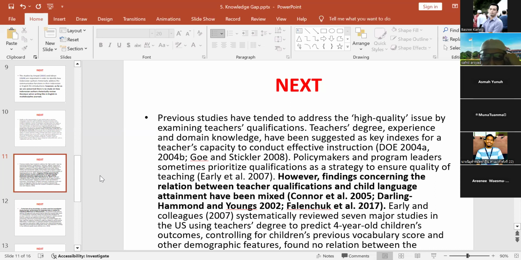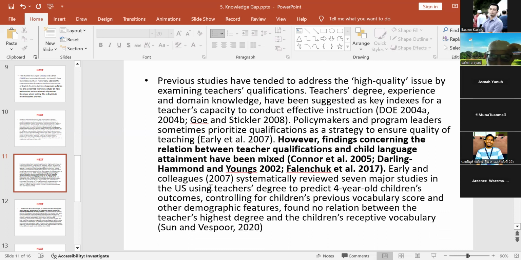Some might have found the relation between teacher qualification and child language attainment strongly correlated, but other studies may have found no. So the findings in previous studies are not consistent. So this is a critic to the previous studies. Okay.